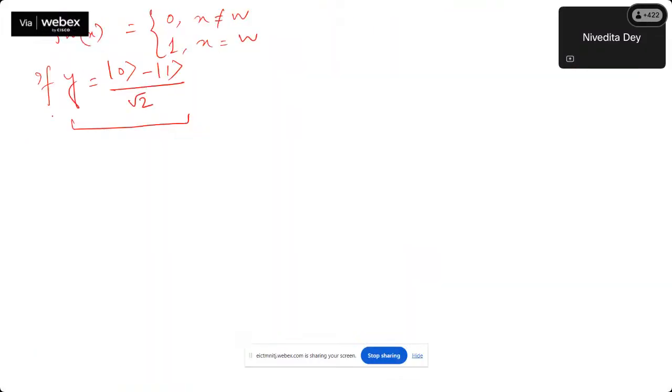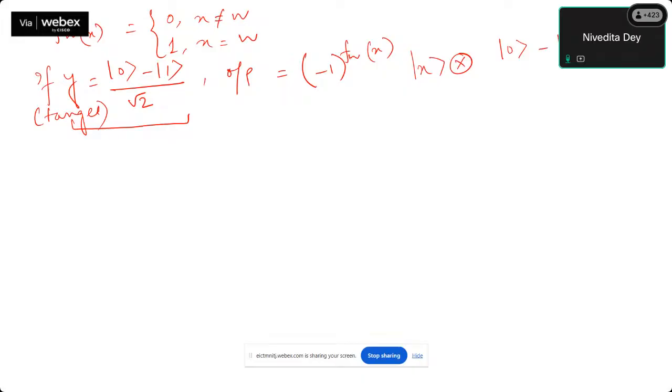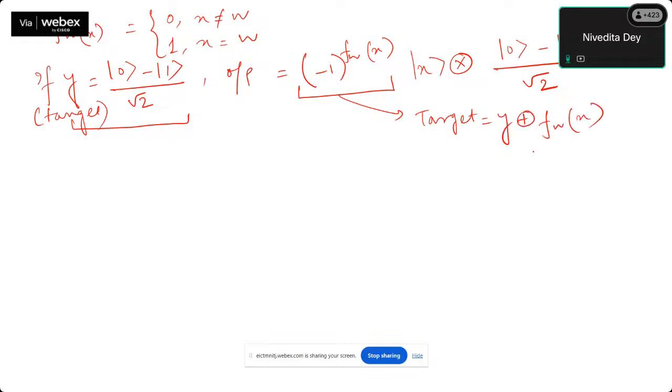So if your target register y is this thing, that means your output will be (-1) to the power f of w of x, then x tensor y. So instead of y, it will be 0 minus 1 by root 2. And this particular thing is basically that the target is y XOR f of w of x.